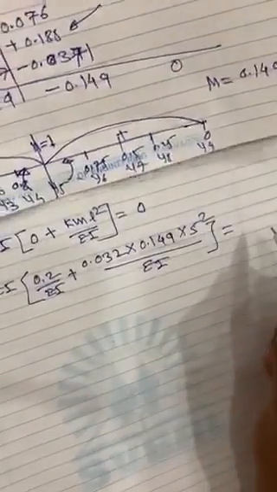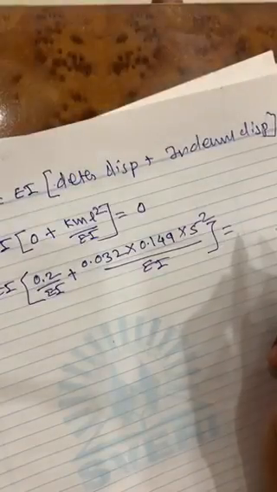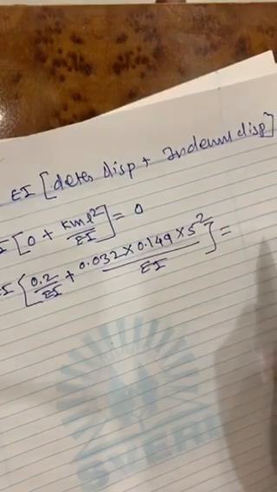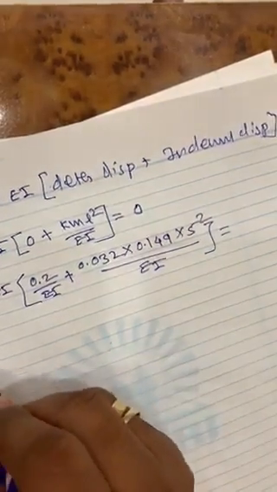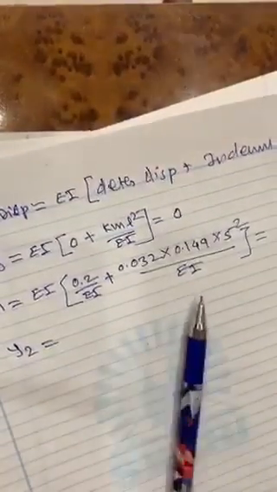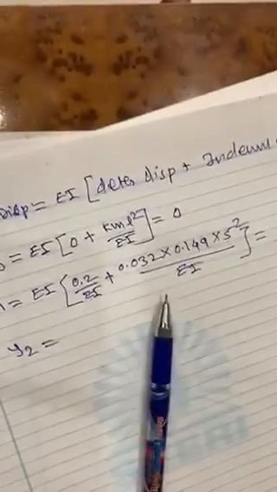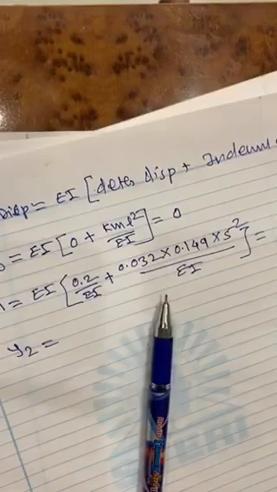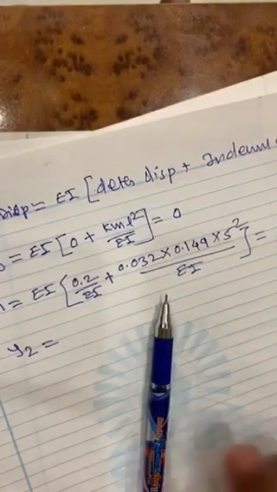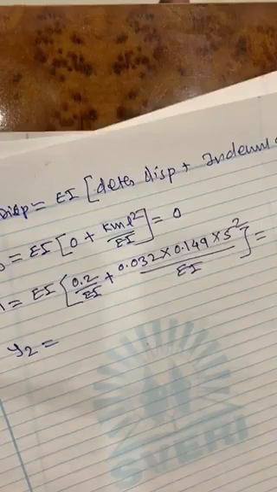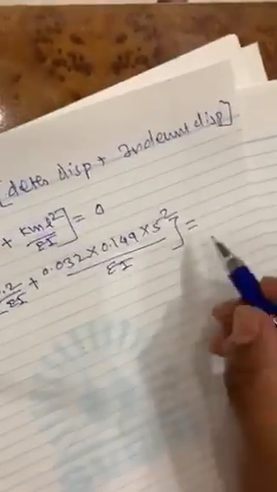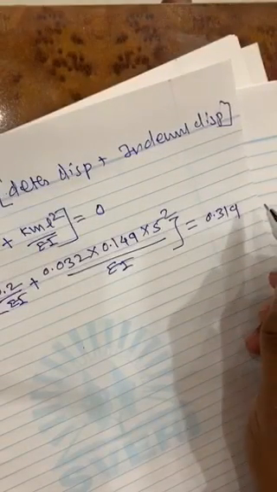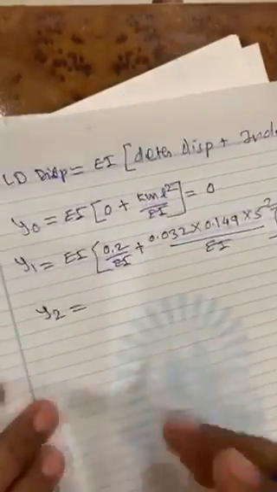If you do that, this value comes out to be 0.319, and then similarly we can do it for y2.